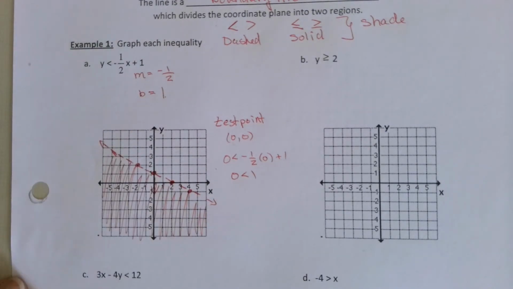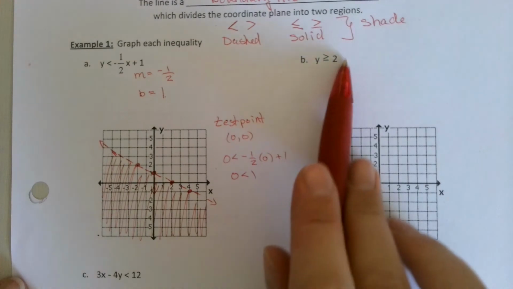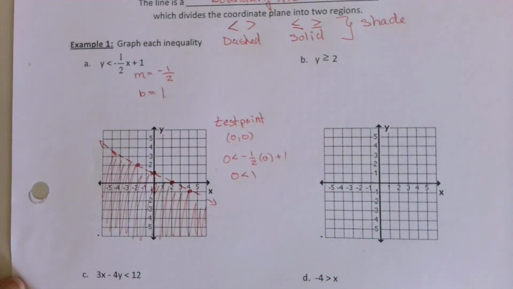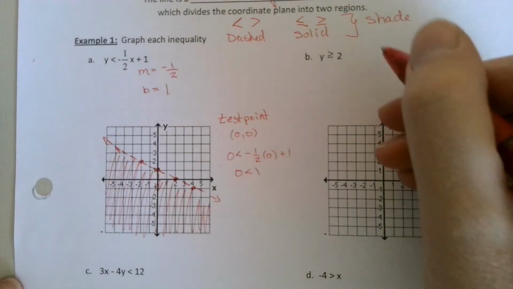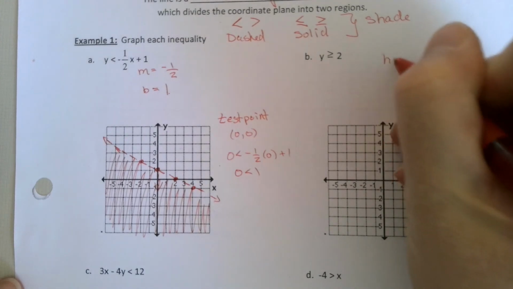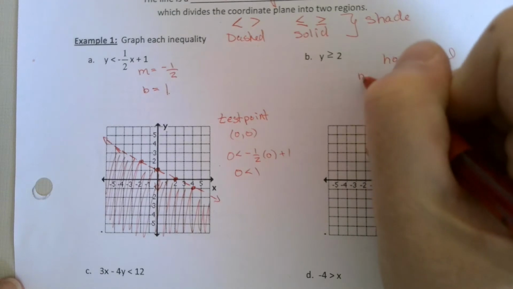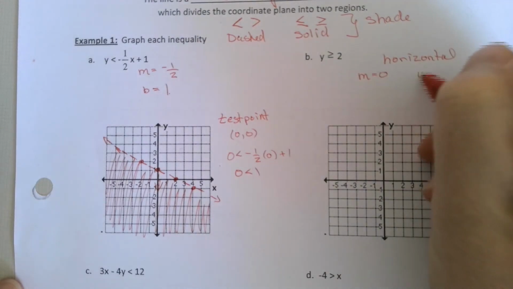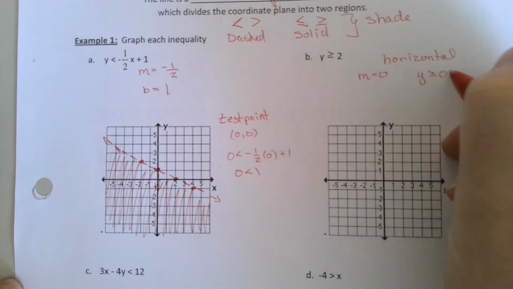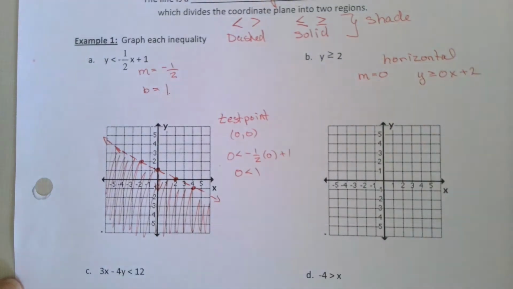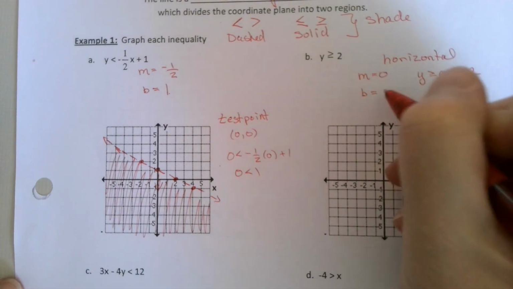All right, when I look at my next one, we need to determine what the slope is and what the y-intercept is. So looking at this, some of us know that we can look right at this and know this is going to be a horizontal line. The slope is 0. We can rewrite it as y is greater than or equal to 0x plus 2. So my slope is 0, my y-intercept is 2.